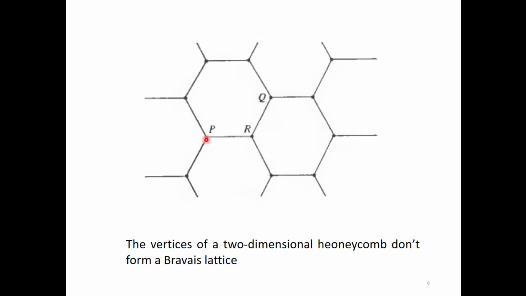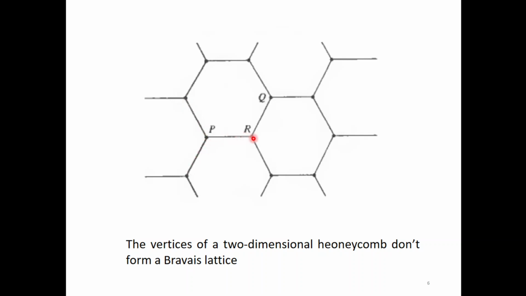But as far as the second condition is concerned, then the orientation is different, because from this point we see that one neighboring point exists on the right side, one exists obliquely towards this side, and another one is obliquely in the downward direction.